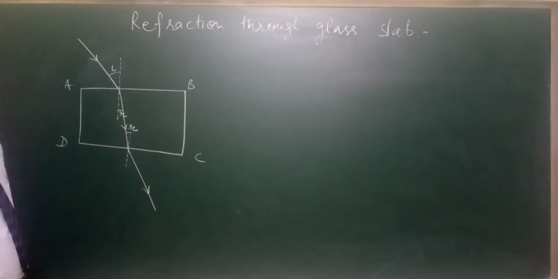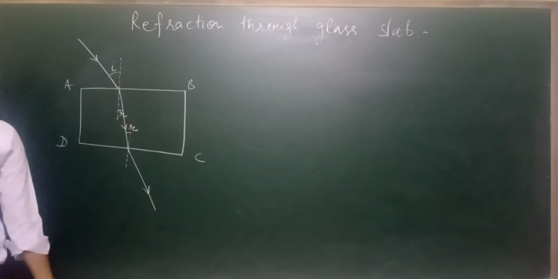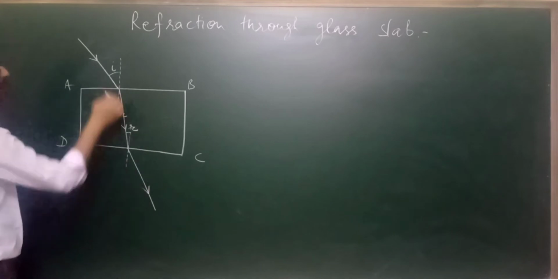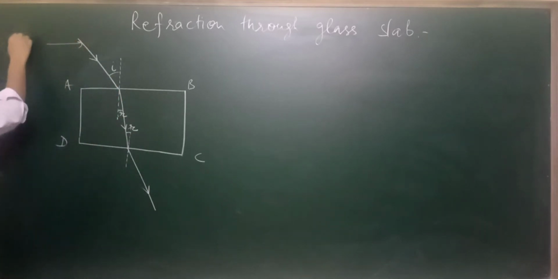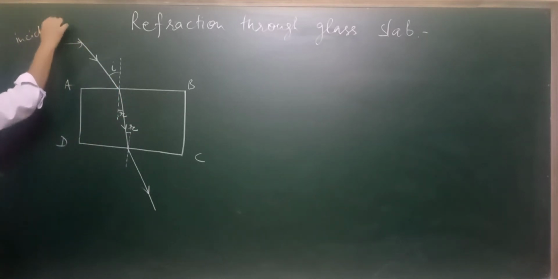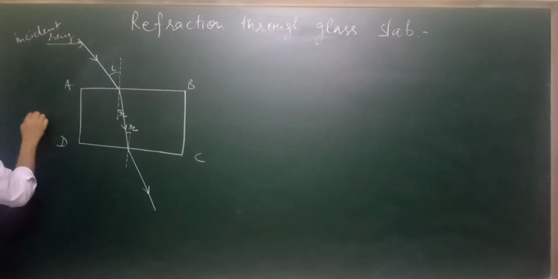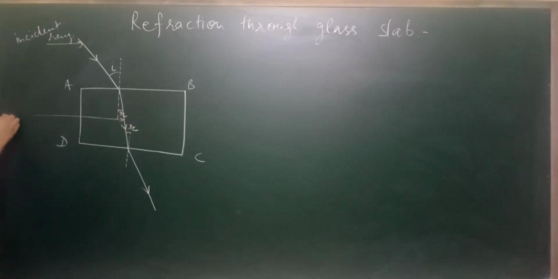So practical observations are that incident ray and emergent ray. This ray is known as incident ray. This is refracted ray.